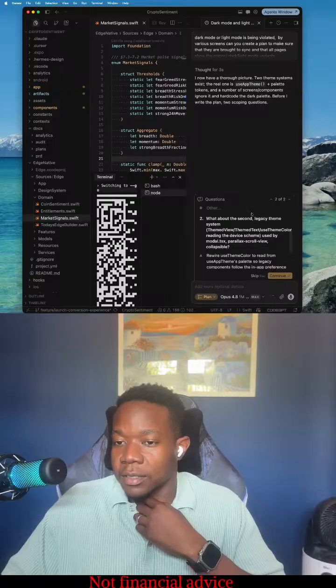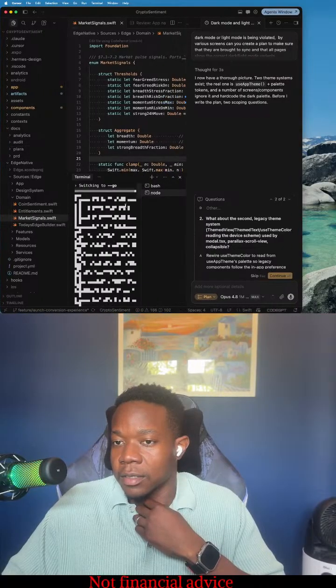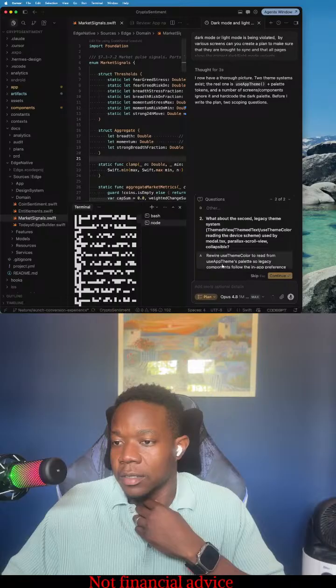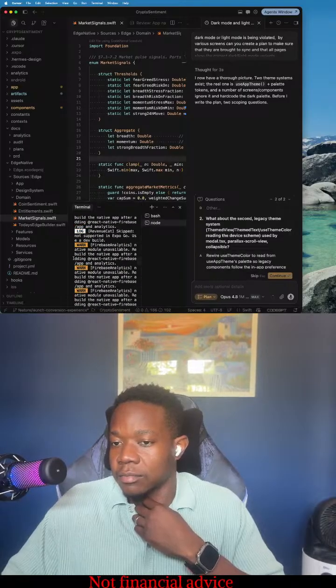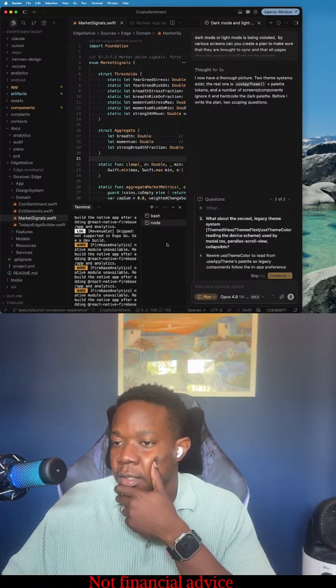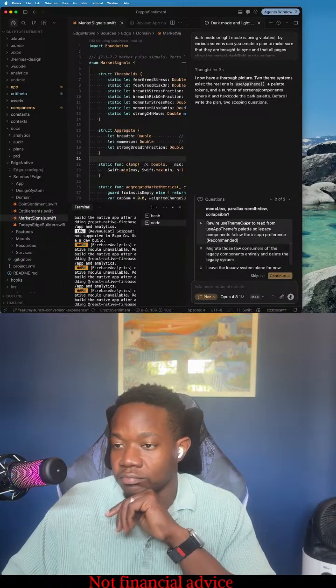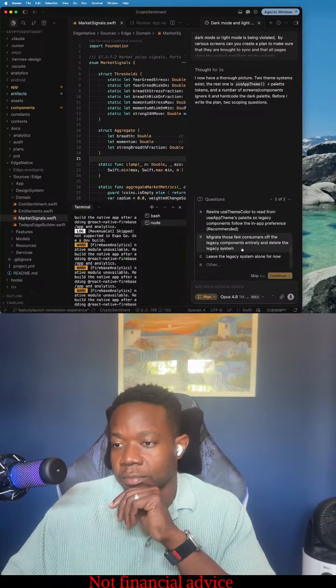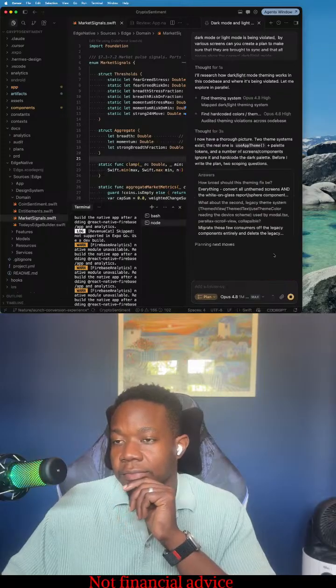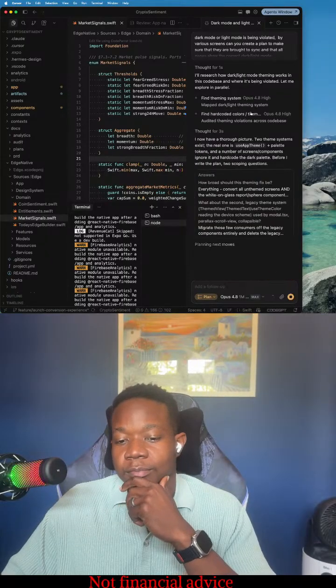What about the second legacy theme? Themed view. Yeah, mate, migrate. What am I paying you for?